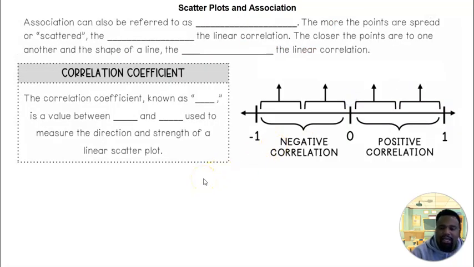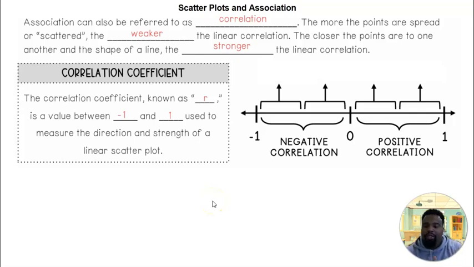And so when we look at the strength of our correlation or association, we want to look at how weak or how strong it is. How do we do that? We use what we call the correlation coefficient. Correlation coefficient is defined as lowercase r, and it ranges between -1 and 1.